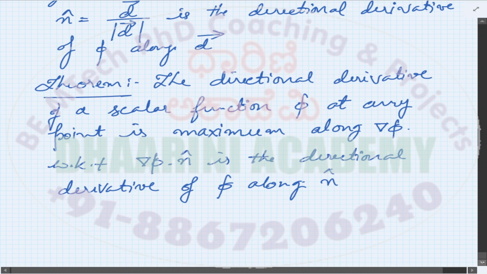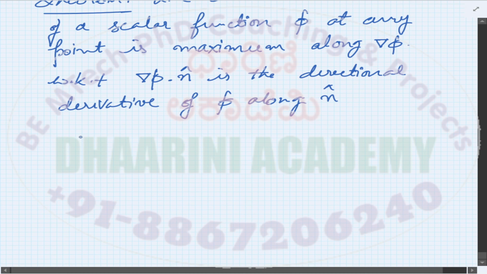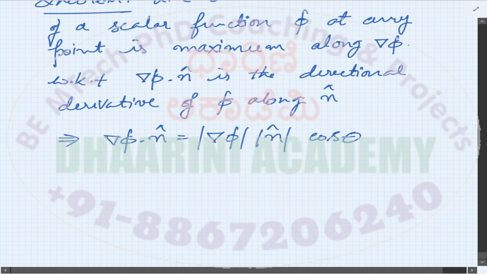So this is what we know now. This implies del phi dot n cap is nothing but magnitude of del phi, first vector, into magnitude of n cap, into the cos of the angle between del phi and n cap, right?